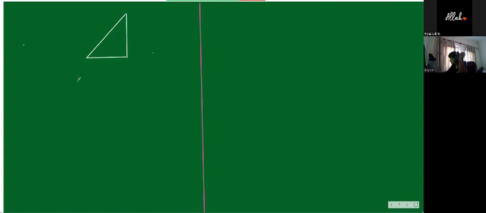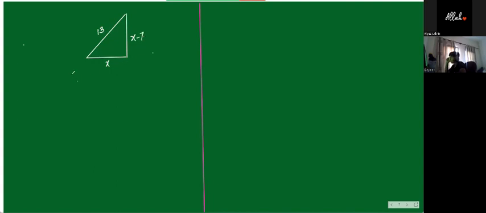The hypotenuse is 13. Suppose the base is x, and the altitude will be x minus 7.